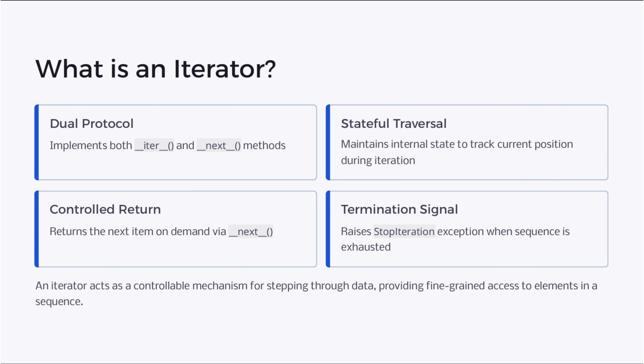An iterator implements both __iter__ and __next__ methods, maintaining an internal state to track its position. It returns the next item on demand via __next__ and raises a StopIteration exception when the sequence is exhausted. This mechanism allows for controlled, fine-grained access to elements in a sequence.